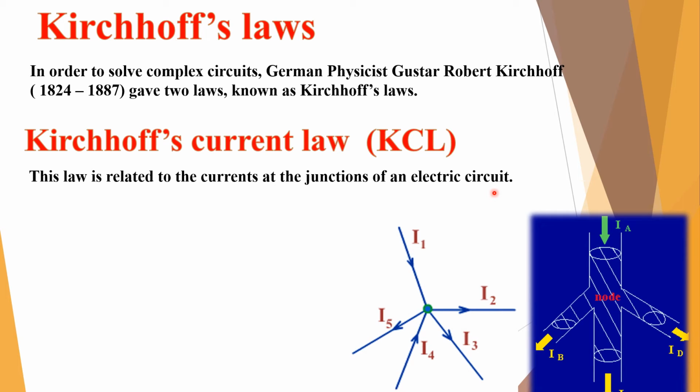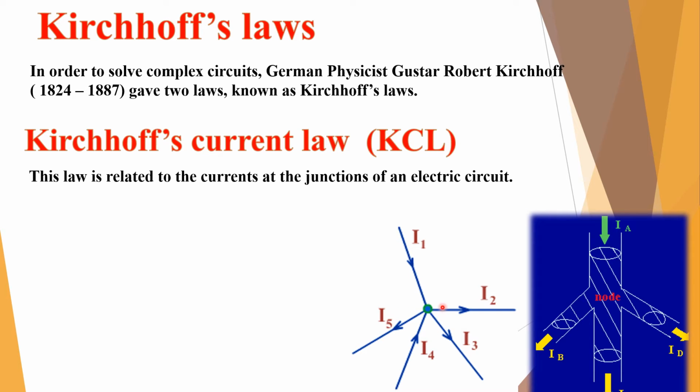For applying Kirchhoff's current law, or KCL, consider this junction point or node point of a circuit. Junction point or node point of a circuit is a point where two or more components are connected.